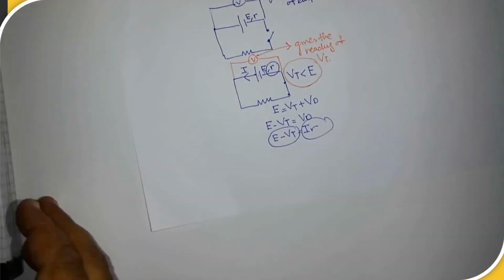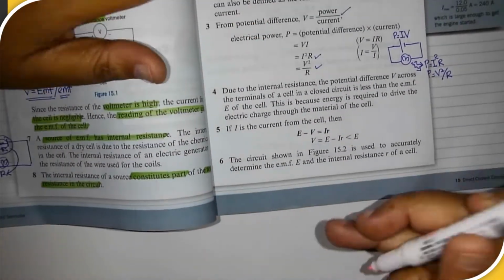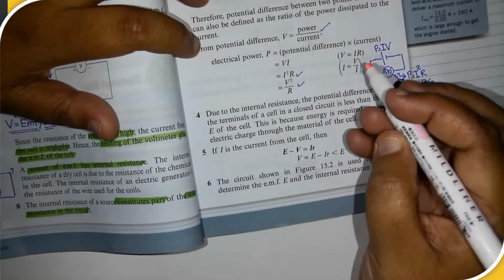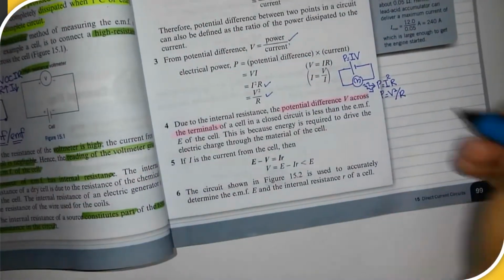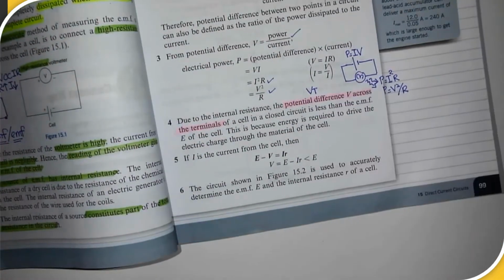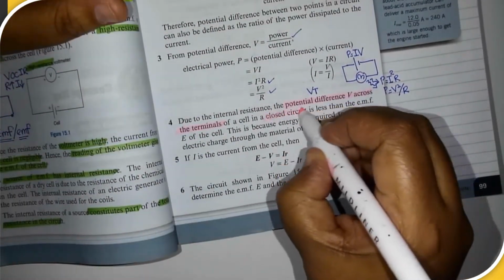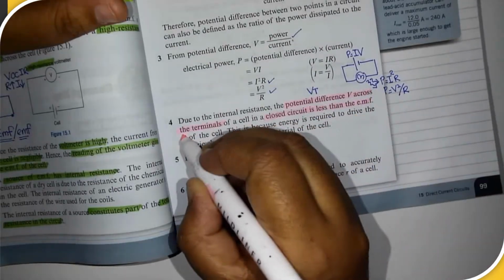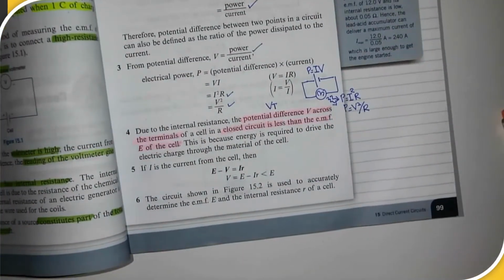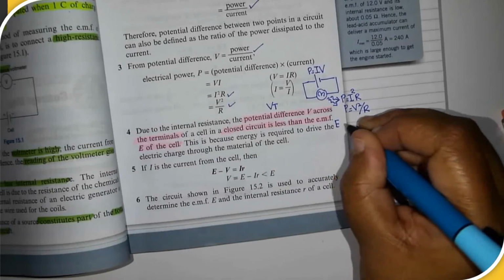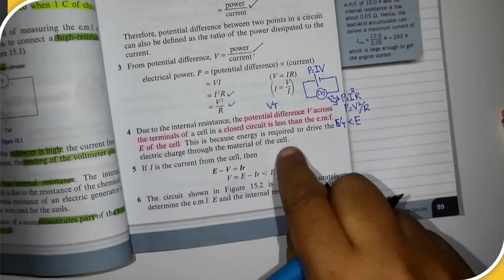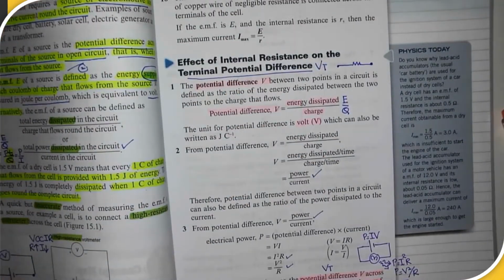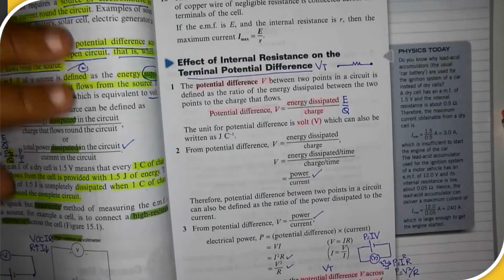That's why in your textbook on this page, due to the internal resistance, the potential difference across the terminal, which refers to Vt, of a cell in a closed circuit is less than the EMF of the cell. That means Vt is less than the EMF of a cell.